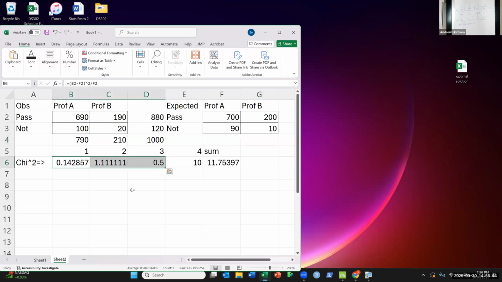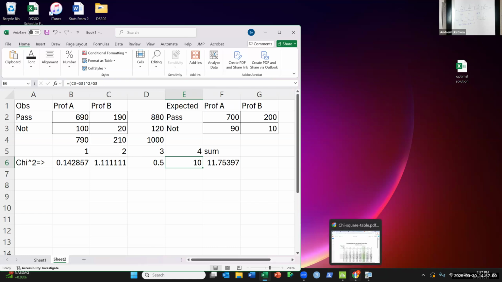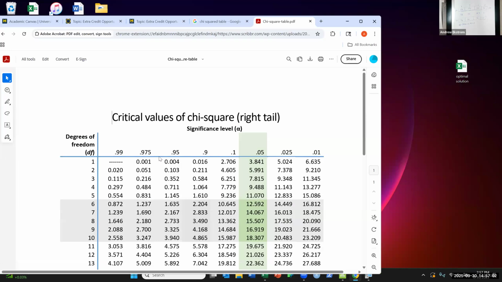Looking at the first 3 values right there, they all look fairly small. But looking at the one value that we have right there, if we go and compare that to the 95% confidence level, this is going to be with 3 degrees of freedom.